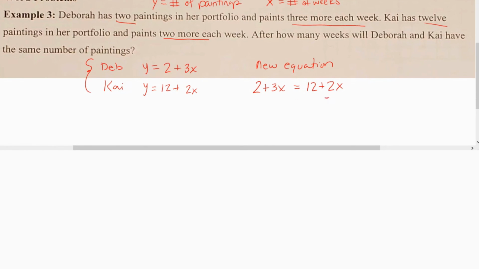So I will subtract 2x on both sides. And I have 2 plus x is equal to 12. We subtract 2. And we get that our x value, or our number of weeks, is 10. So it takes 10 weeks.